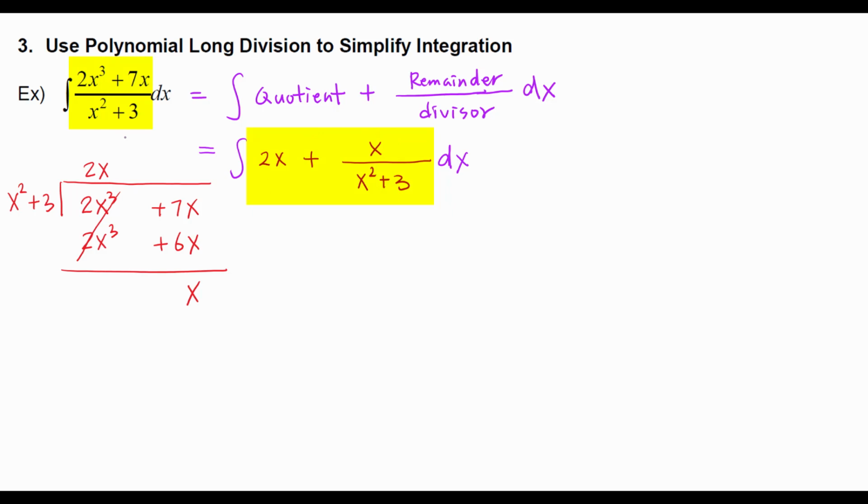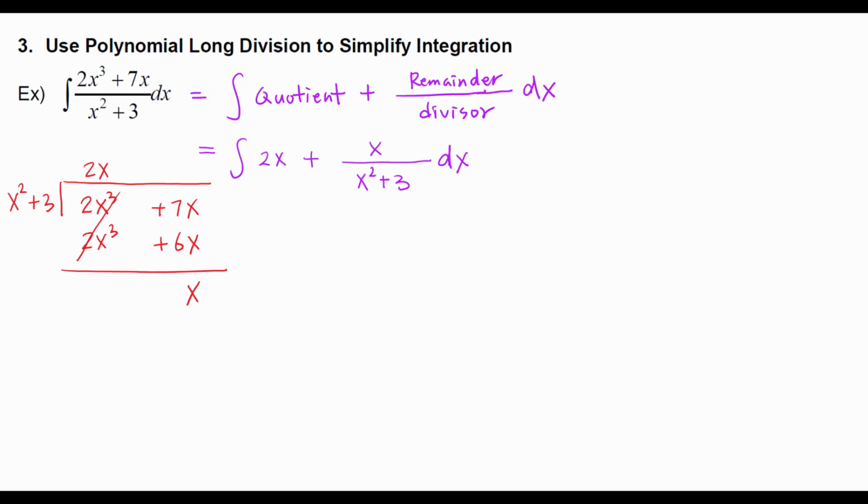It is just a different way of writing it. But now I can integrate 2x no problem. And I can also see that I could integrate x over x squared plus 3 since I can let my denominator be u and du would be just 2x dx.